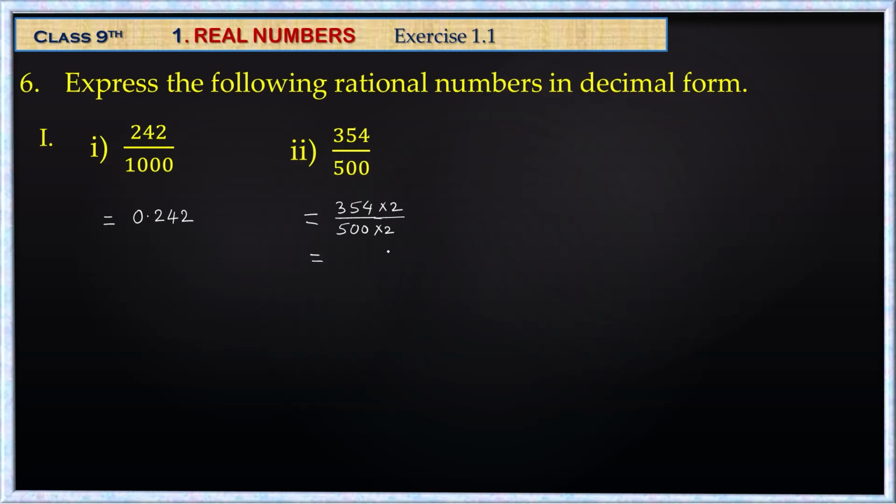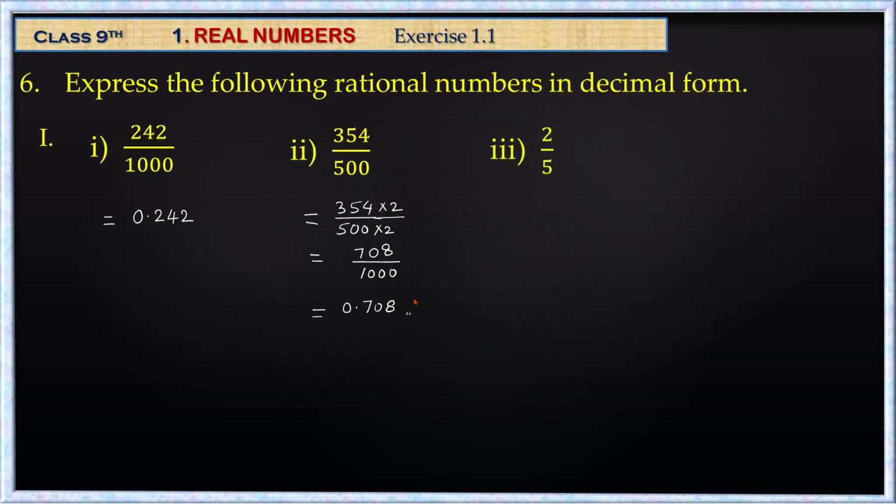We get 2 4s are 8, 2 5s are 10, 2 3s are 6 plus 1 is 7, 708 by 1000. Now we can convert it into decimal form easily. It becomes 0.708.